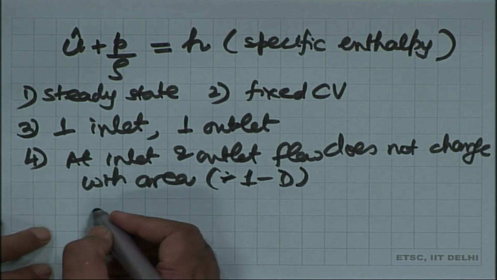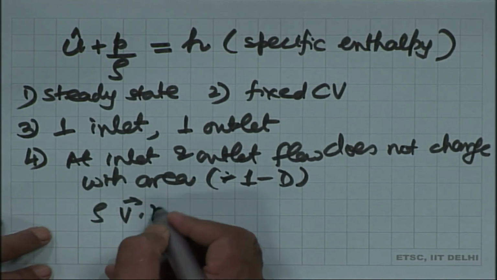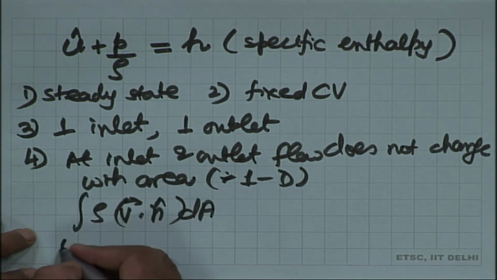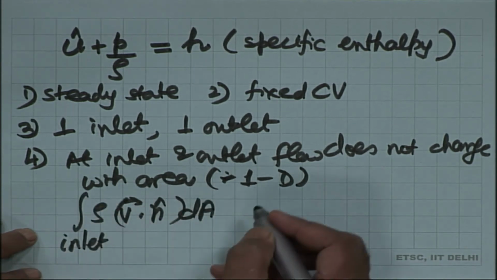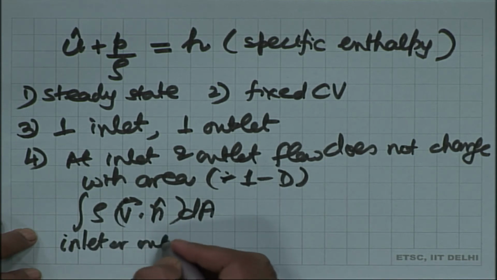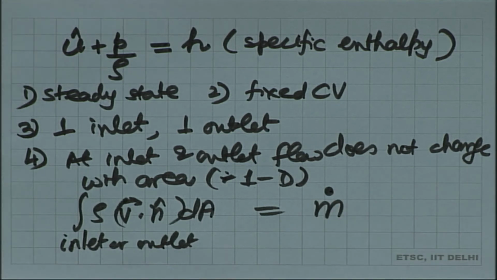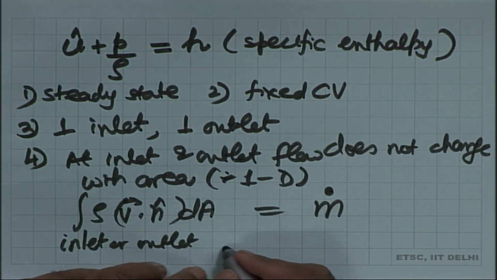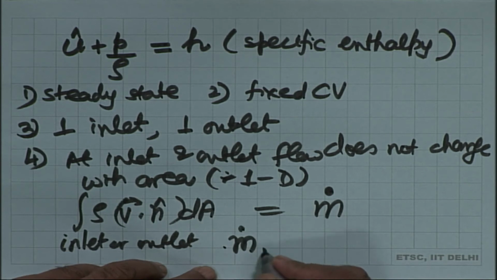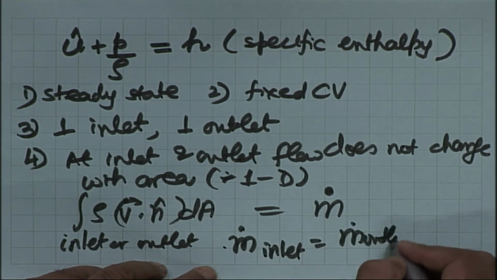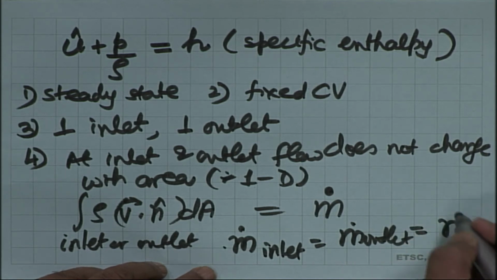Then here what we can have is rho v dot n dA over the inlet or the outlet, we can write it as m dot, and mass balance will tell us m dot at the inlet is equal to m dot at the outlet, and this is equal to m dot.